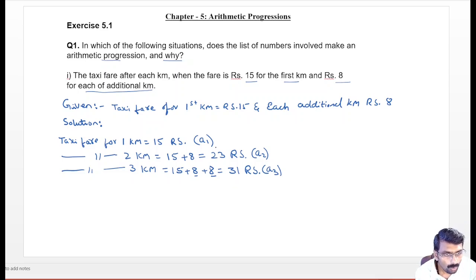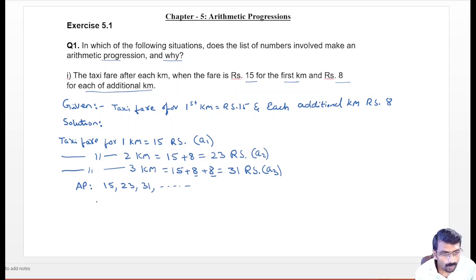So now we have an AP in the form A1, A2, A3. Our AP is 15, 23, 31, and so on. When we add the 4th kilometer, it continues until the nth kilometer.